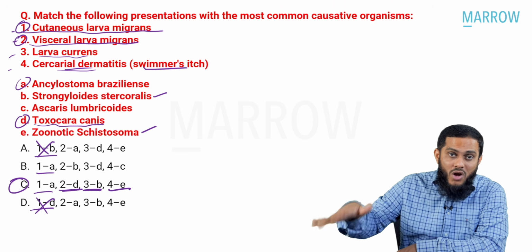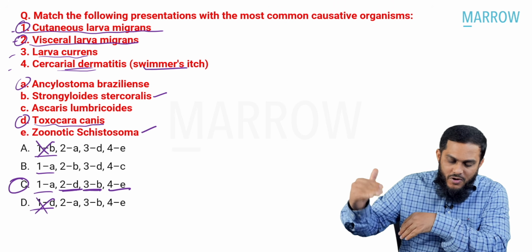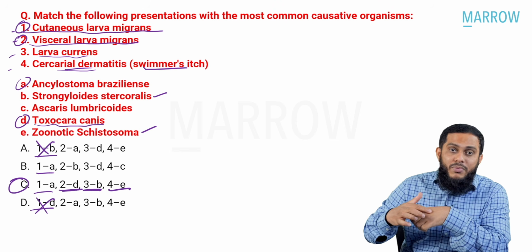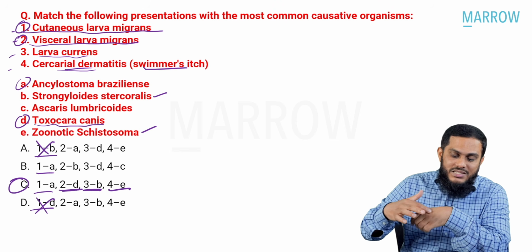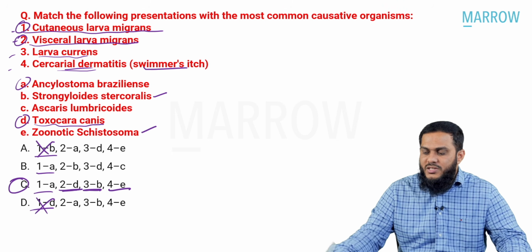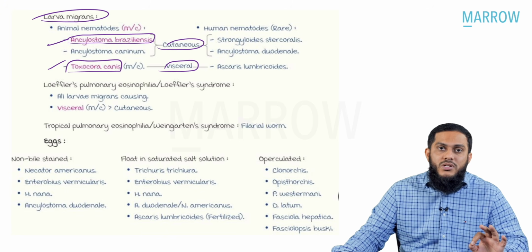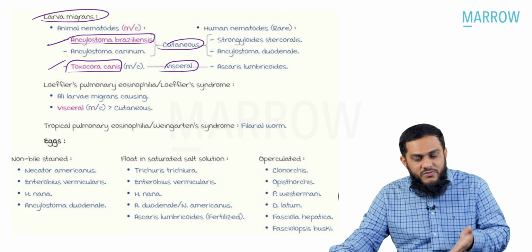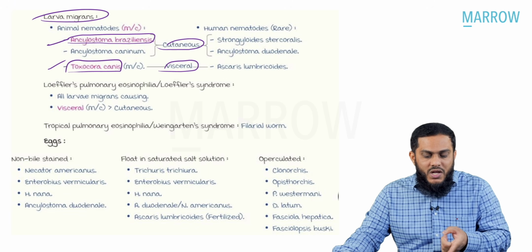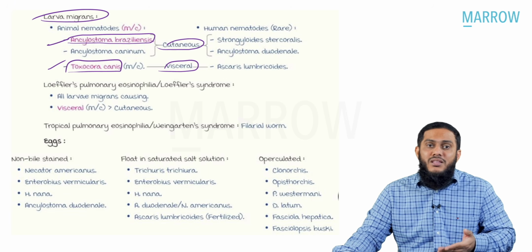It enters by skin penetration, causing an allergic reaction known as cercarial dermatitis, also known as swimmer's itch. Even if you don't know all these things, by knowing these two important points from the revision notes, Ancylostoma braziliense is the most common cause of cutaneous and Toxocara canis is the most common cause of visceral, you can answer the question.